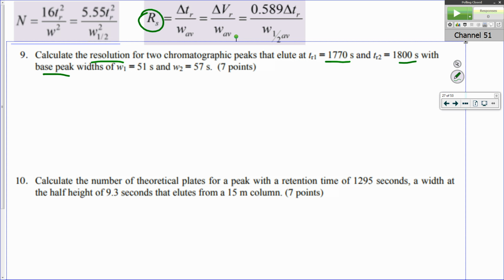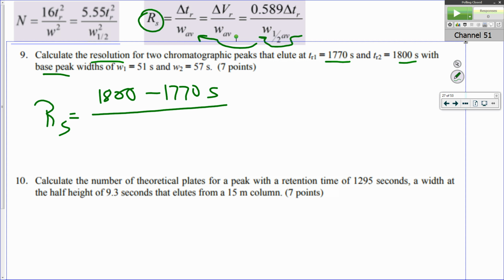So instead of using this formula that we used in the calculation this morning, now we've got to go back and use this one. Our resolution is equal to the difference in the retention times. That's the easy part. 1800 less 1770 seconds. That's just going to be 30 on top.